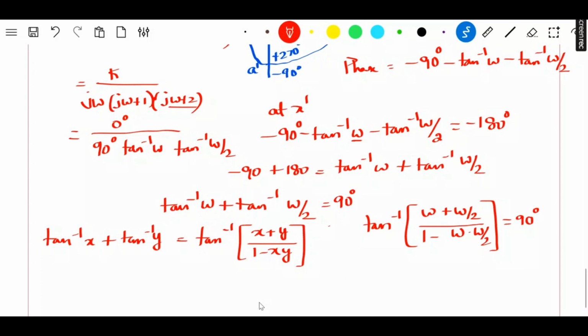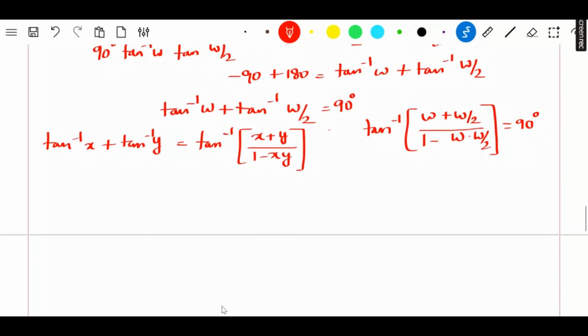Fine. Therefore, take LCM. So what do we get here is tan inverse of 2 omega plus omega divided by 2 minus omega square equals 90 degree.